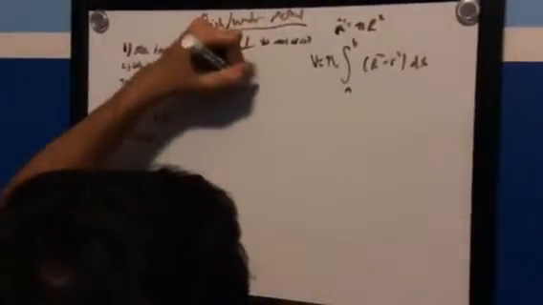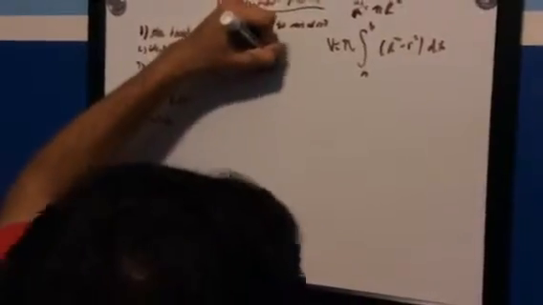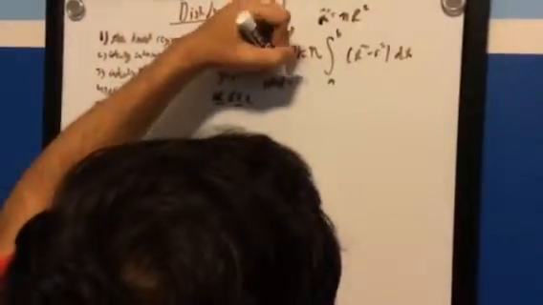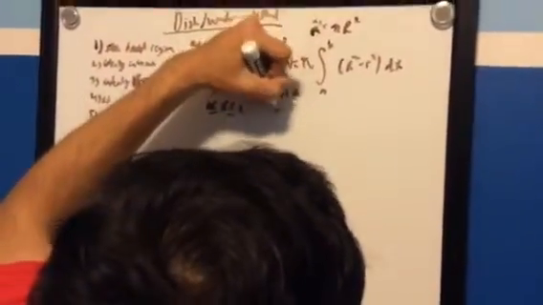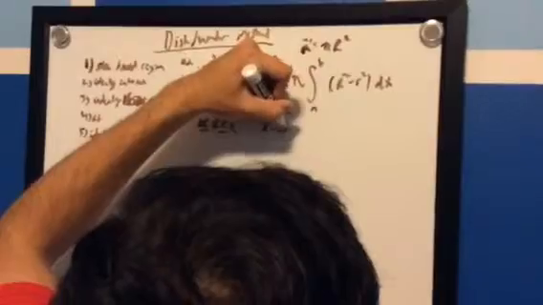Now let's work with an example. Let's say y equals x squared, and x is bounded between 0 and 2. And this entire function is rotated about the x-axis. First, I'm going to draw my function.